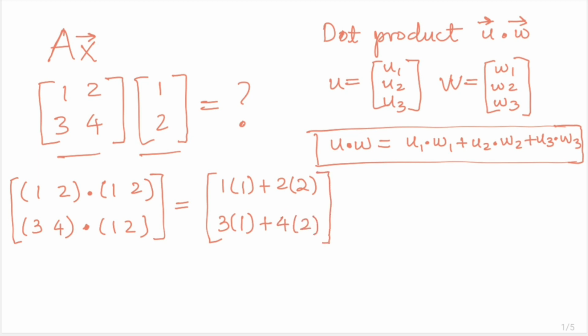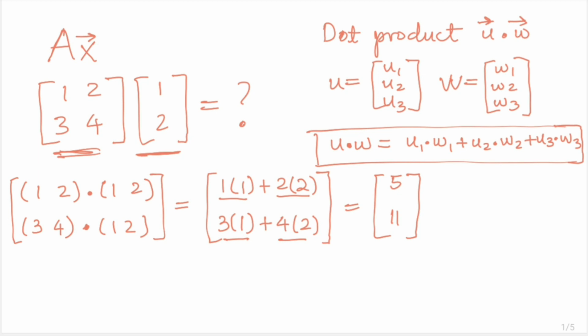So what does this give us? Here we have 1 plus 4, that's 5. And then here we have 3 plus 8, that's 11. So if we were to multiply this matrix by this vector, we would get the vector 5, 11.